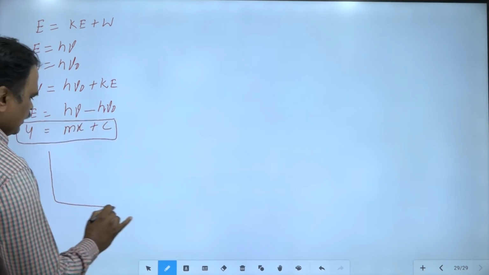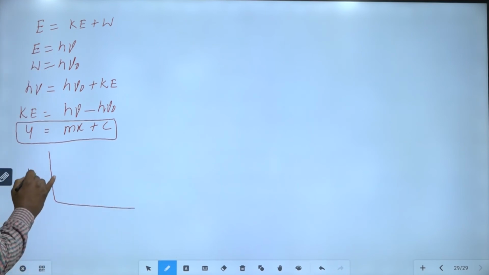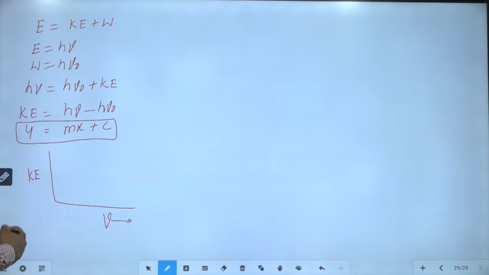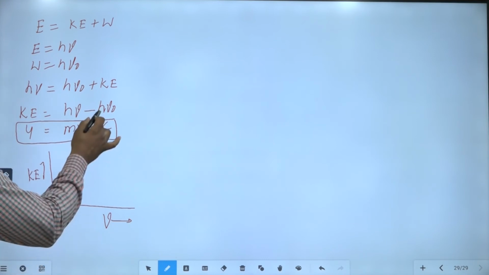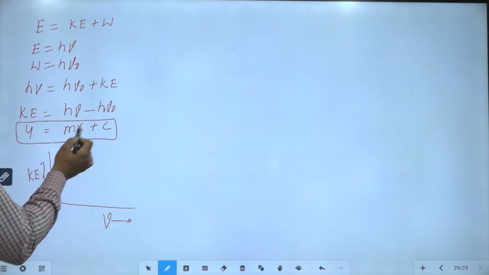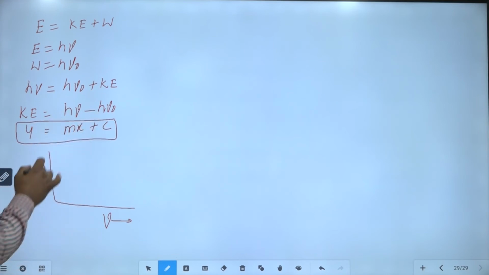A graph drawn between kinetic energy versus frequency of radiation. Frequency is taken on the x-axis, kinetic energy on the y-axis. Sorry, slope is positive and the intercept is negative.